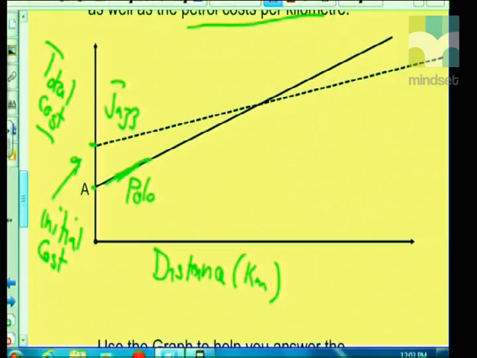Then the slope or the steepness of the graph is going to be less. Look at it. This one, 14 kilometers, 1 liter, it's lower than that. This one, 12 kilometers, I've got to fill up more often. This one is slightly steeper. So this one is steeper, so the petrol costs are more. And that applies to the Polo.